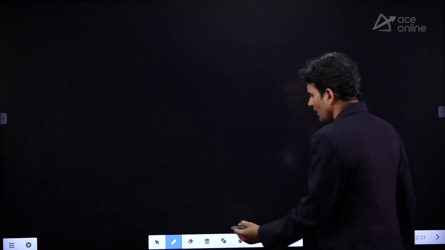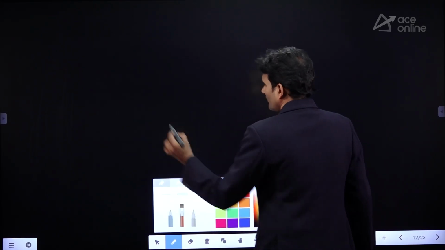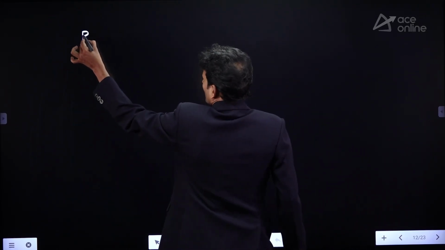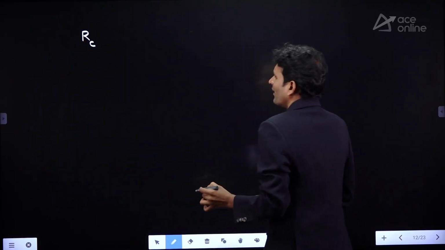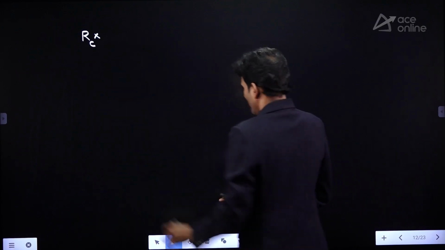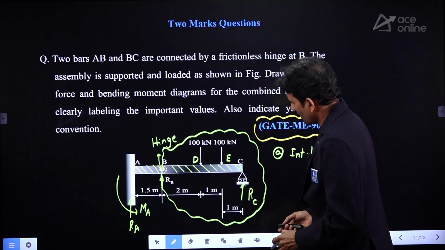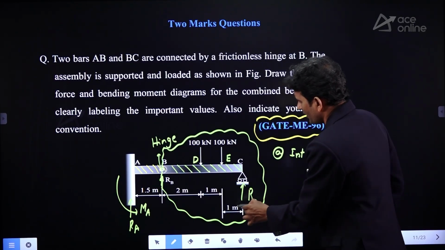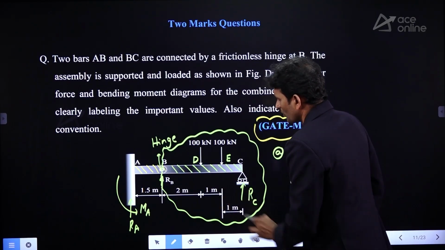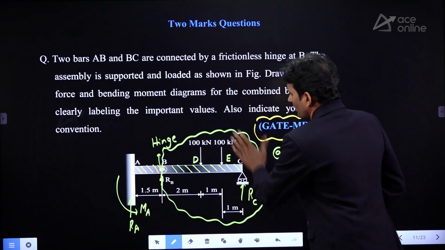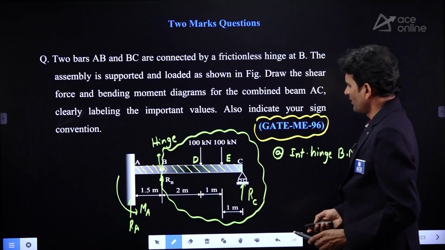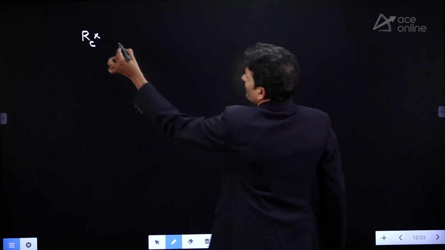When I take the bending equation, RC is at a distance of 4. Here 1, 1, 2, total 4. Now, how is it giving the rotation? Sagging effect. That's why I am taking a positive value.